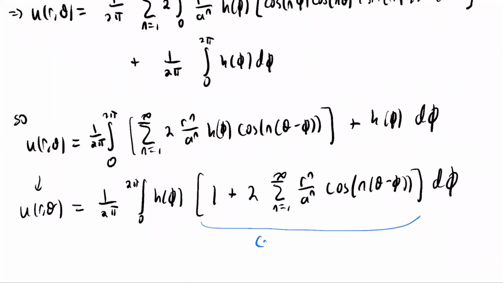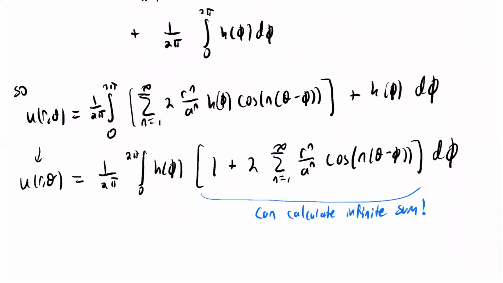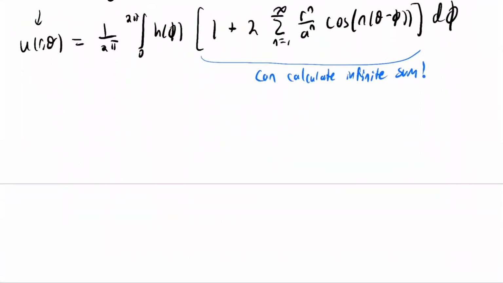Right, so we can calculate the sum. Right, and so, well, the best way to do this is to use complex exponentials, right? So let's use complex exponentials in order to calculate.